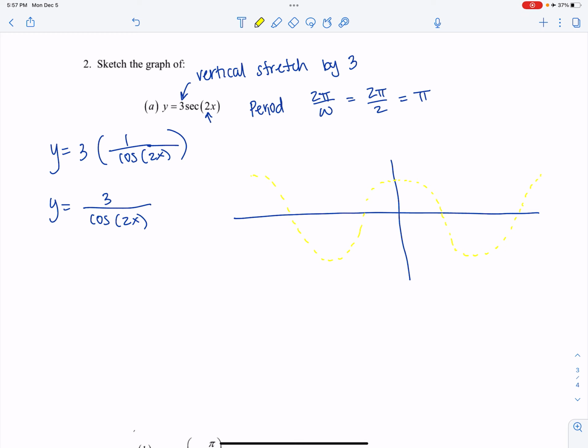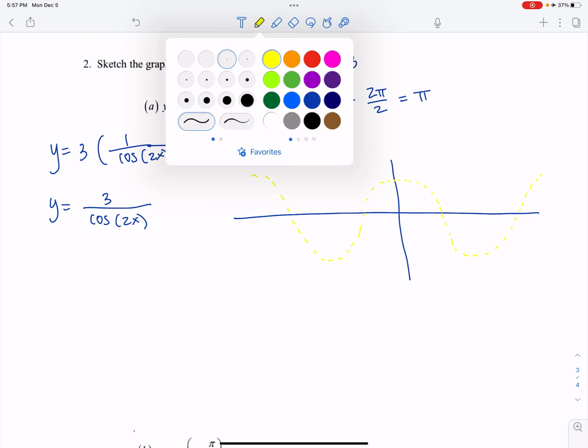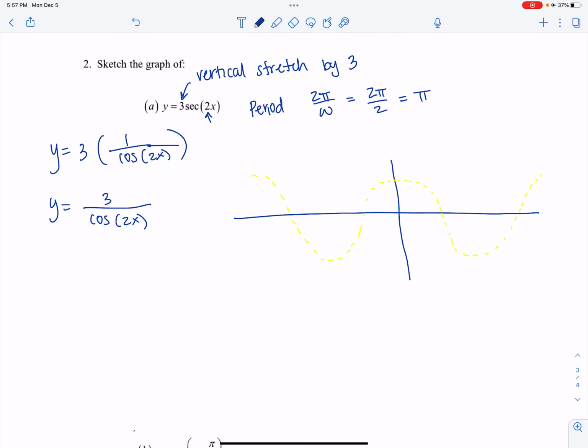That would be a cosine, but remember, we had a vertical stretch by 3, so this is going to be 3, not 1. And this is going to be -3, not -1. We also have a cycle going 1 pi long.